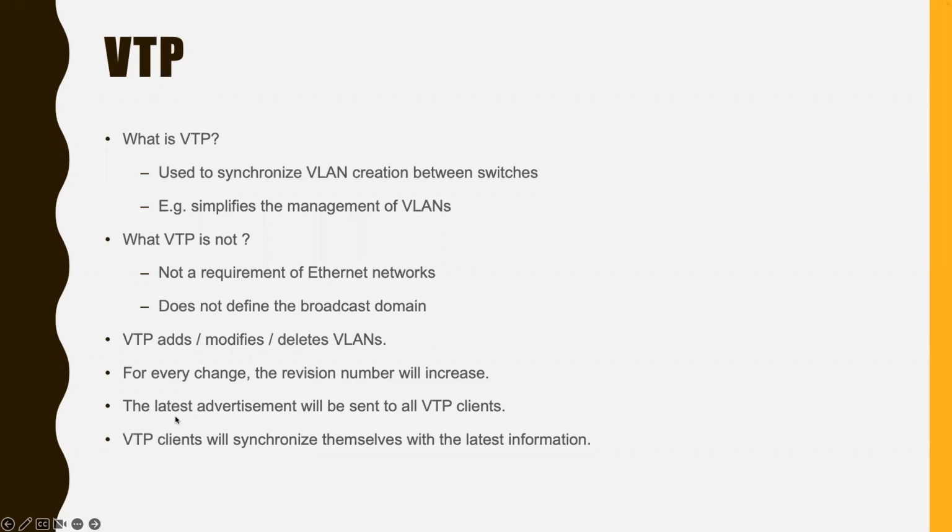The latest advertisement is advertised to all the VTP clients. Before that, there are 3 modes of any switch: VTP server mode, VTP client mode, or VTP transparent mode. Their exact definition and role I'll cover in the next couple of slides. Just understand that the server advertises the VLAN information towards clients, and clients receive that information.